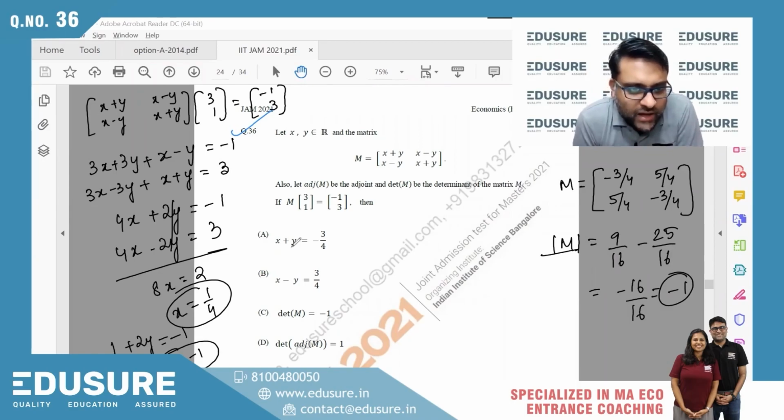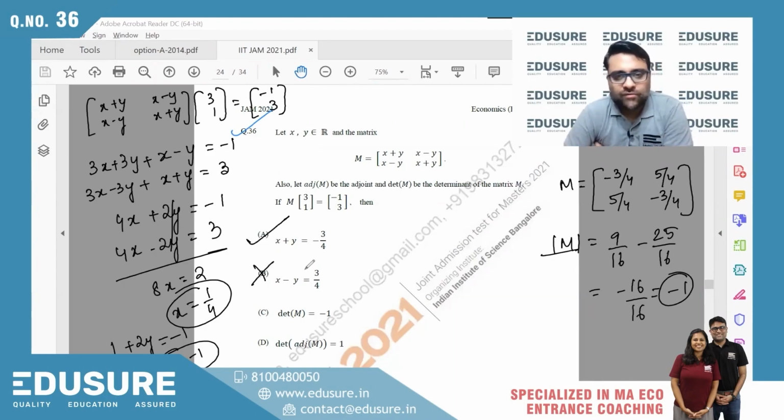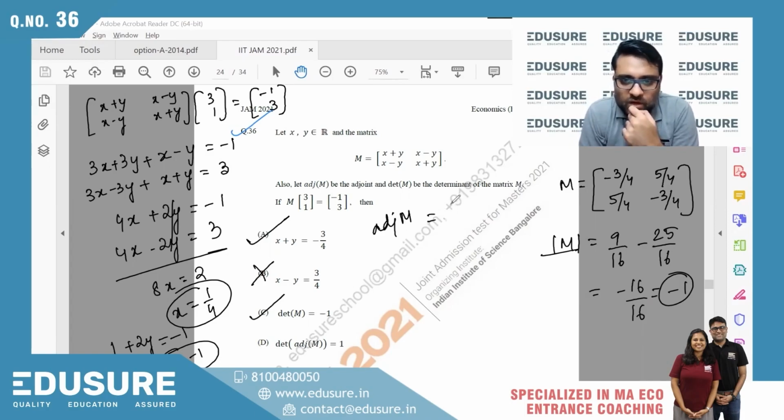X plus y is equal to minus 3 by 4. X minus y is equal to 5 by 4. Okay. Determinant M is equal to minus 1. Adjoint M is basically equal to minus 3 by 4, minus 3 by 4, minus 5 by 4, minus 5 by 4.